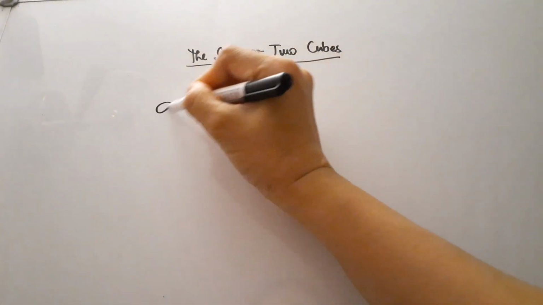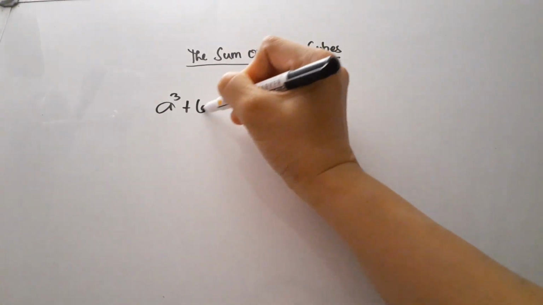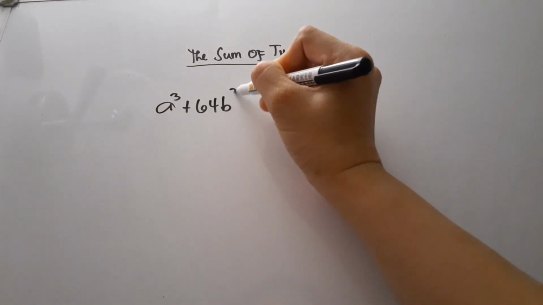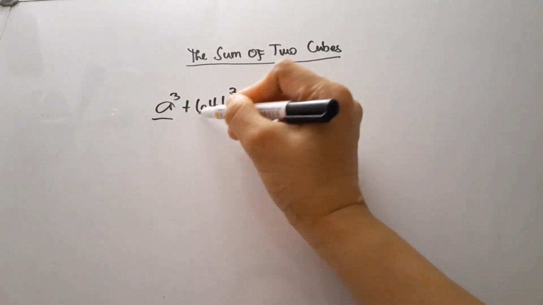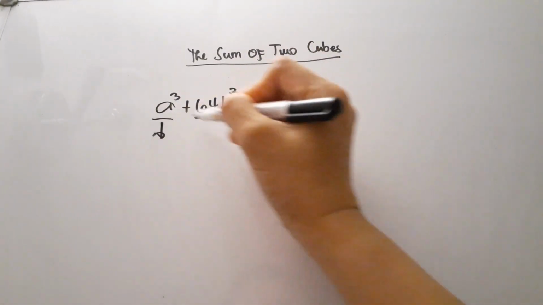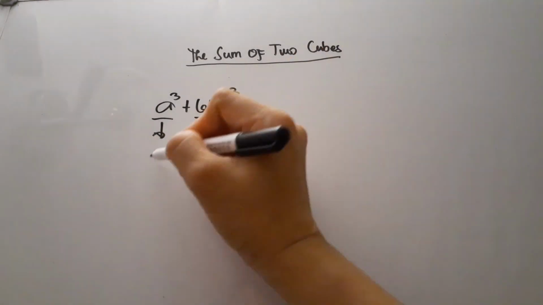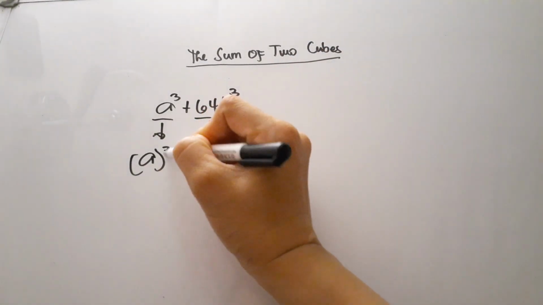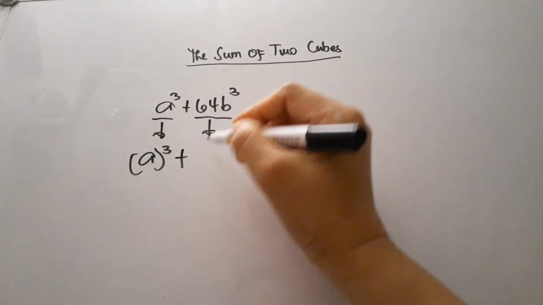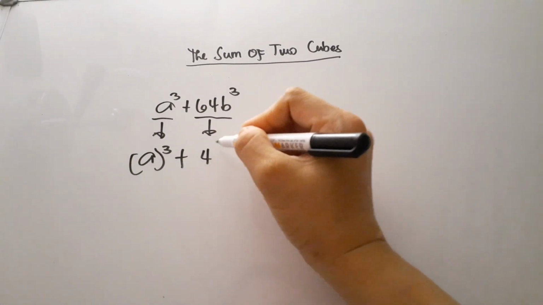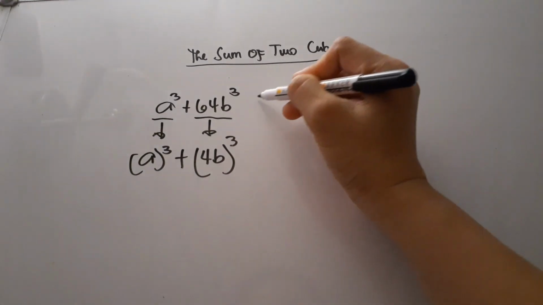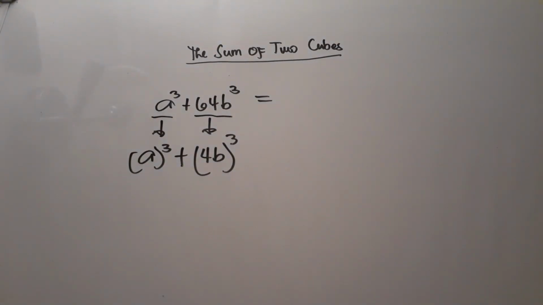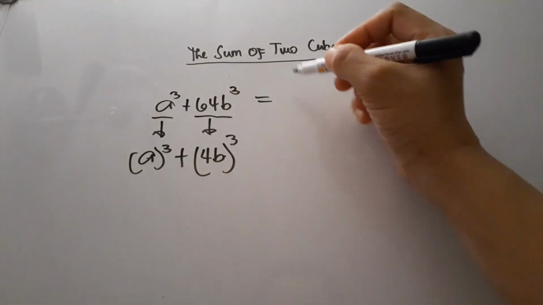Then let's have another example. a cubed positive 64b cubed. Remember that we factor first our first term and last term, which is a raised to the power of 3 and 4b cubed, since 4b cubed is equal to 64b cubed.